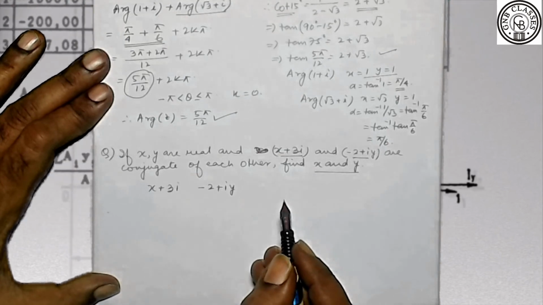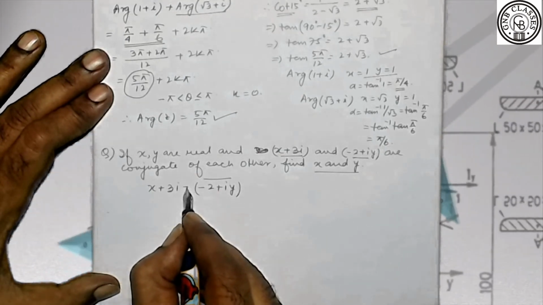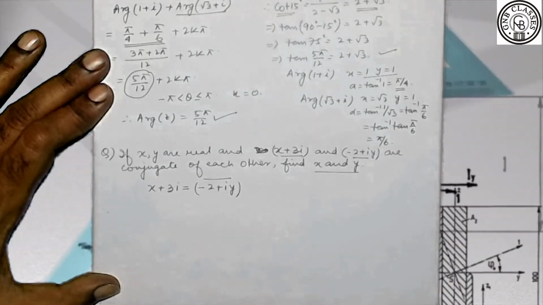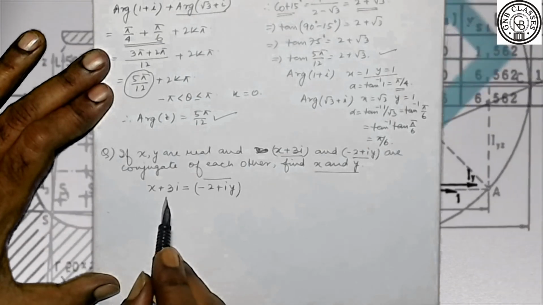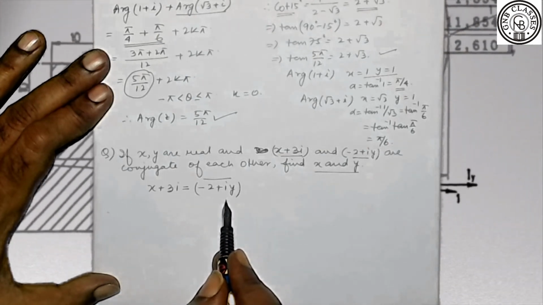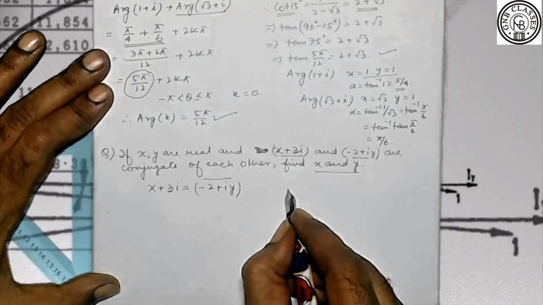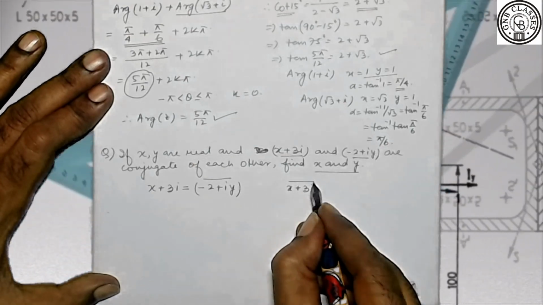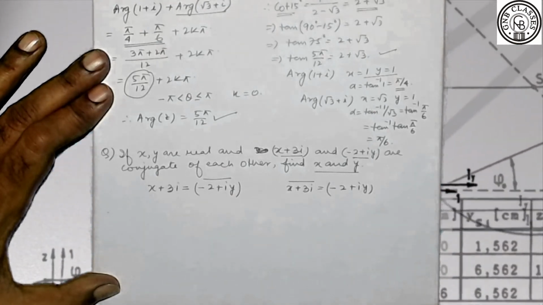It means that the conjugate of this number is same as x plus 3 iota. Is it clear? One is the conjugate of the other. Either you can write in this way or in this way also. Both meanings are same in this question.